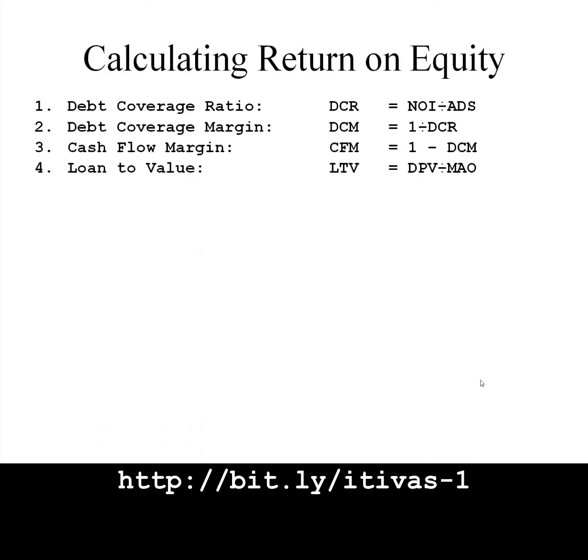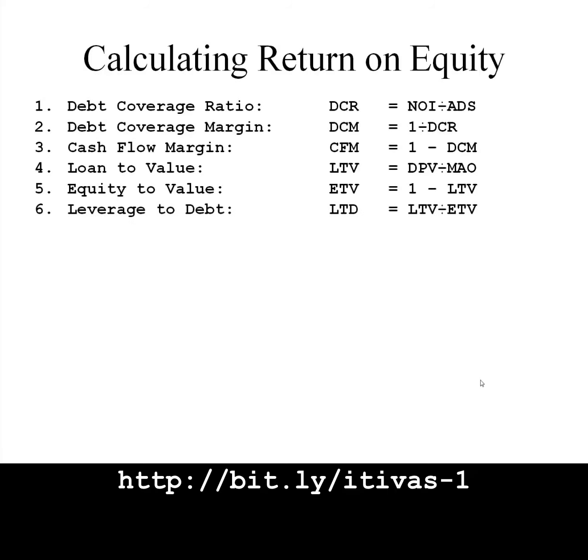Loan-to-value ratio, debt present value divided by the maximum allowable offer. Equity to value is the complement of the loan-to-value ratio, or 1 minus LTV. Leverage to debt, this is the LTV divided by the ETV. That is, for each dollar of equity, the LTD measures how many dollars of debt you are obtaining.